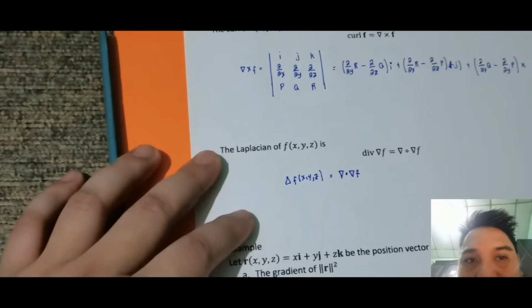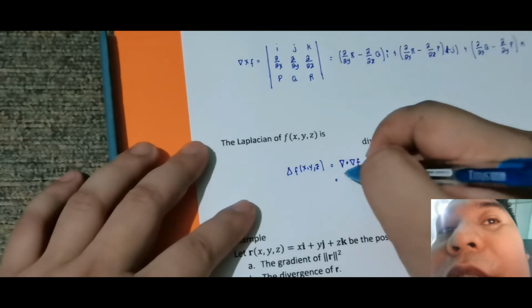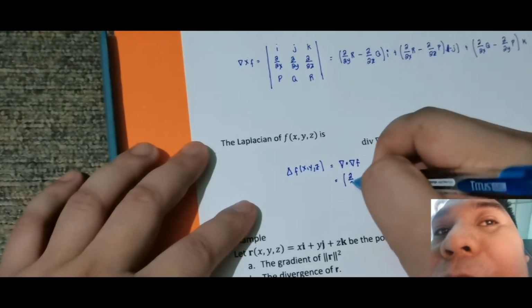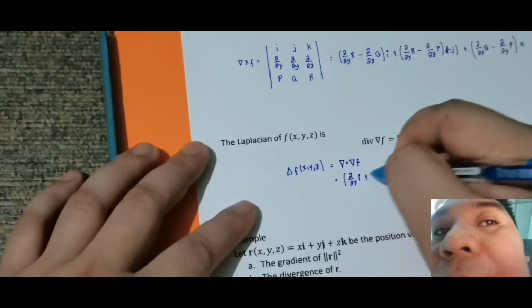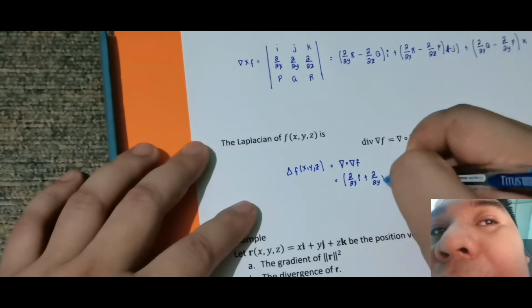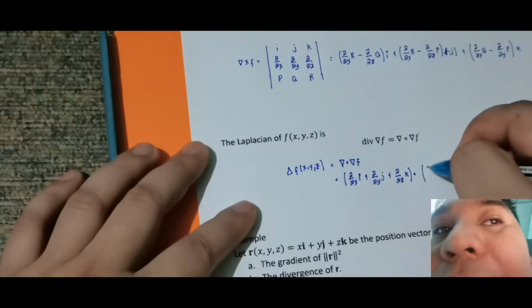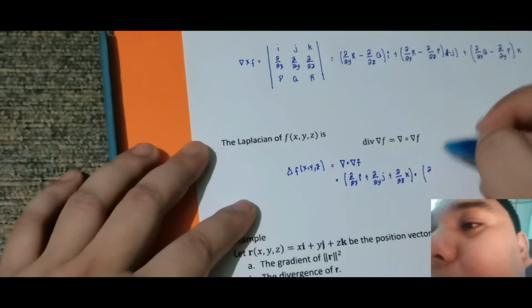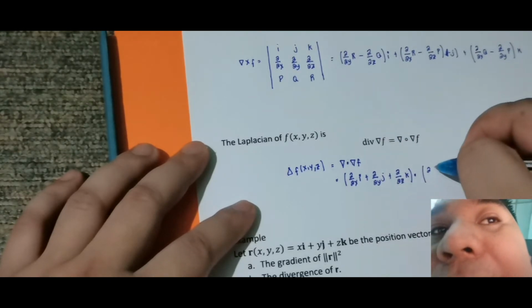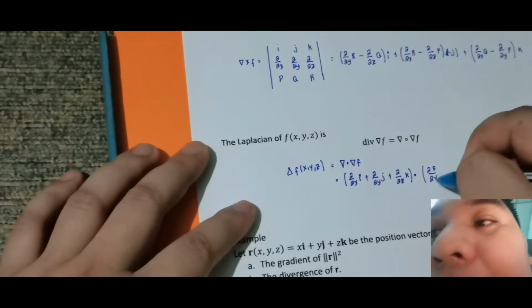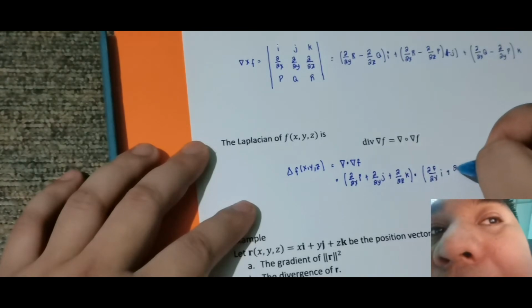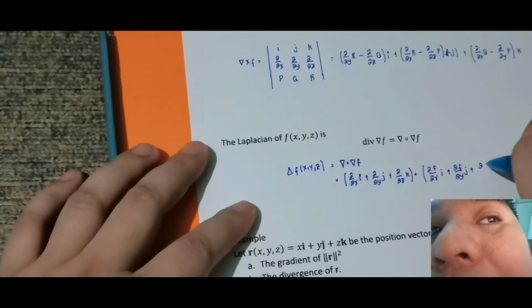Okay, so paano yung magiging mangyari dyan? So lumalabas na ito ay simply partial derivative with respect sa x i plus partial derivative with respect sa y j plus partial derivative with respect sa z k, dot product partial derivative nung f with respect sa x i plus partial derivative nung f with respect sa y j plus partial derivative nung f with respect sa z k.